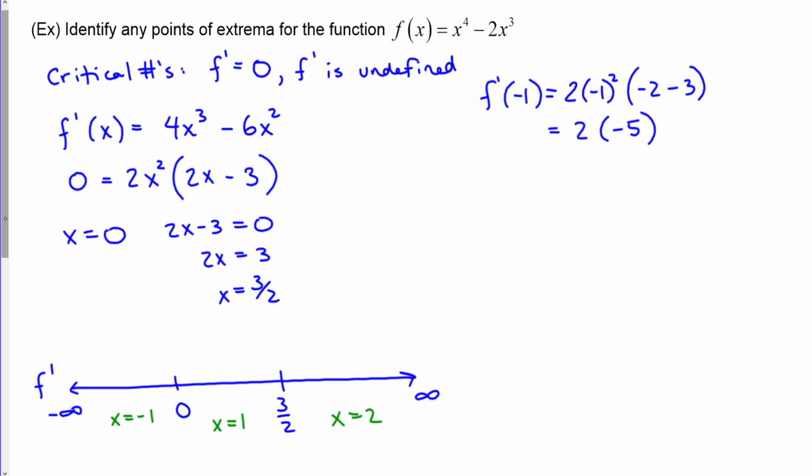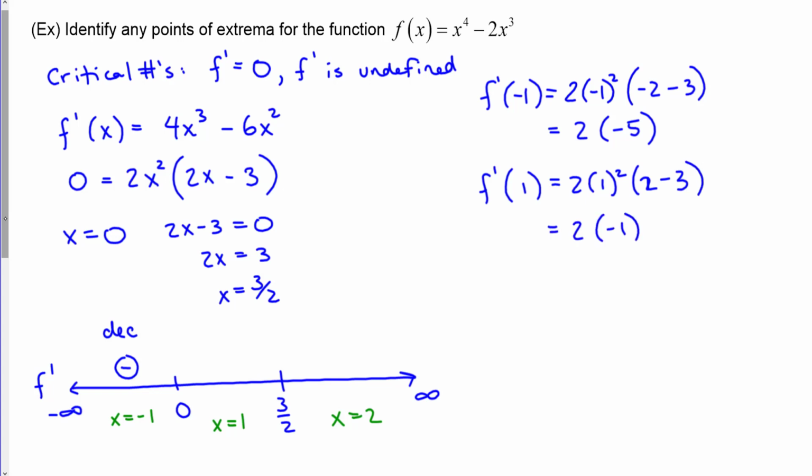It doesn't so much matter that it's negative 10, more so that it is a negative number. So my function is decreasing on this interval. The first derivative evaluated at positive 1 would be 2 times 1 squared times 2 times 1 minus 3, which is 2 times negative 1, which is negative 2. Again, it matters more that it's negative than anything else. So it's decreasing on that interval.